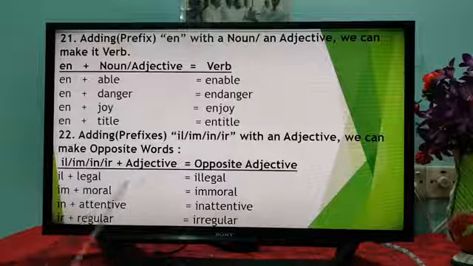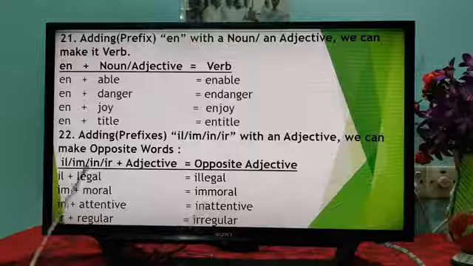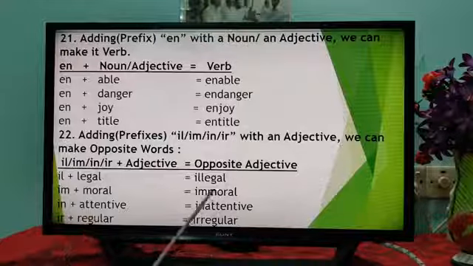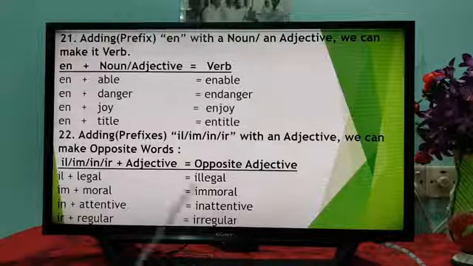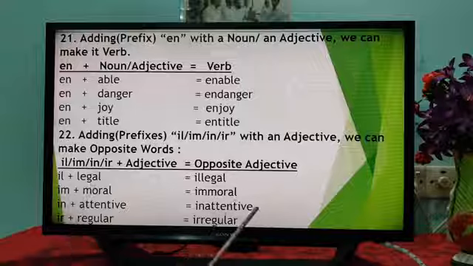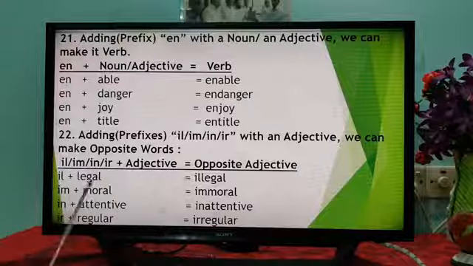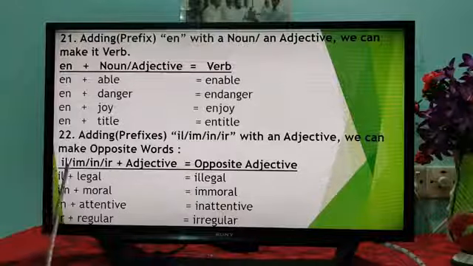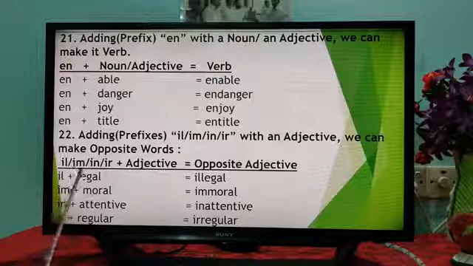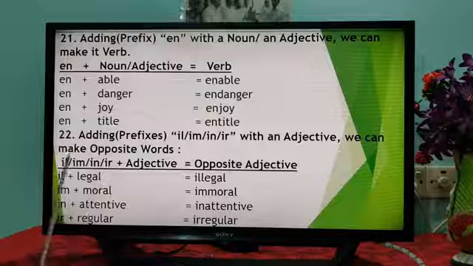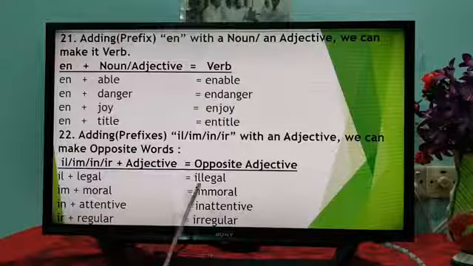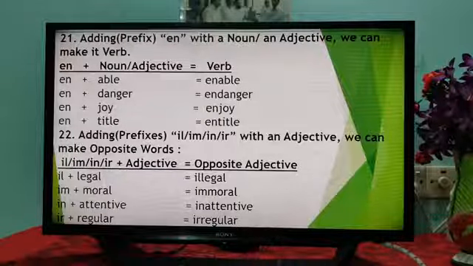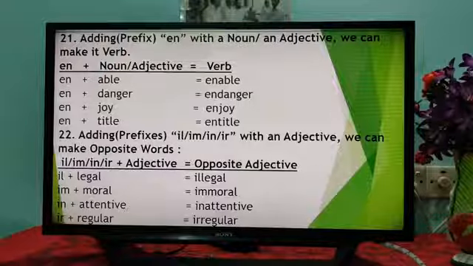Attentive, inattentive. Regular, irregular. These are adjectives, and these are also adjectives, but these are opposite adjectives. By adding the prefixes il, im, ir to an adjective, we make the opposite adjective. Clear? I hope you understand.